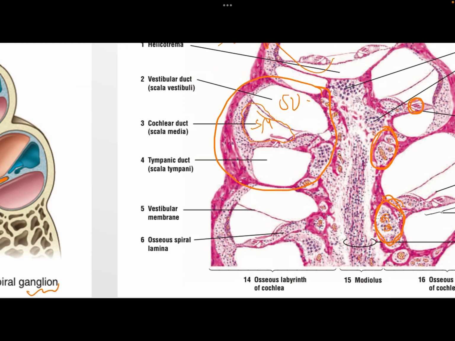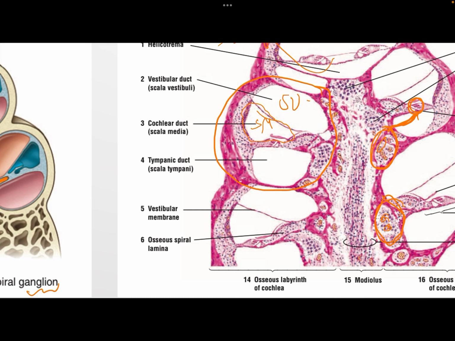They are going to transduce: they activate, open the channels, and convert that energy into something that the neurons understand. Then they get this information all the way through the dendrites of the bipolar neurons.